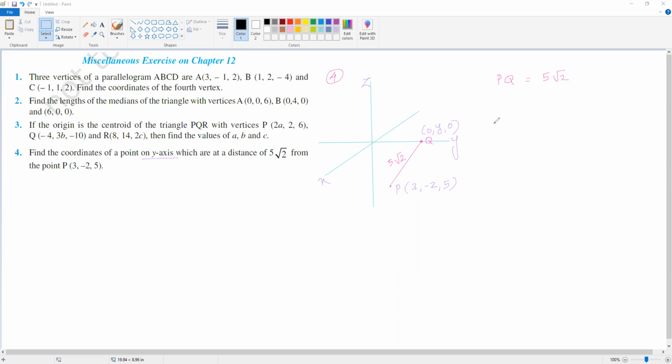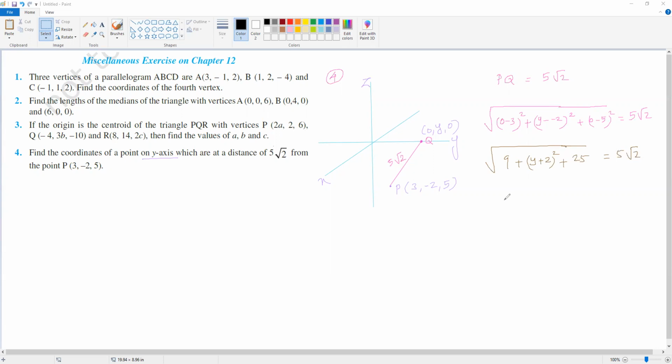So PQ, use the distance formula: under root (0 minus 3) the whole square plus (y minus minus 2) the whole square plus (0 minus 5) the whole square, this is equal to 5 root 2. That means under root, 0 minus 3 is minus 3, 3 square is 9, plus (y plus 2) the whole square plus 5 square, that is 25, which is equal to 5 root 2.